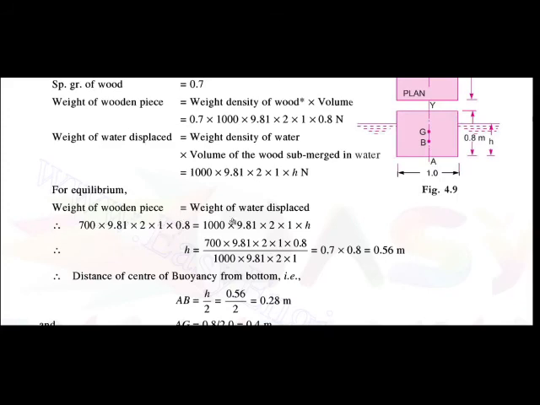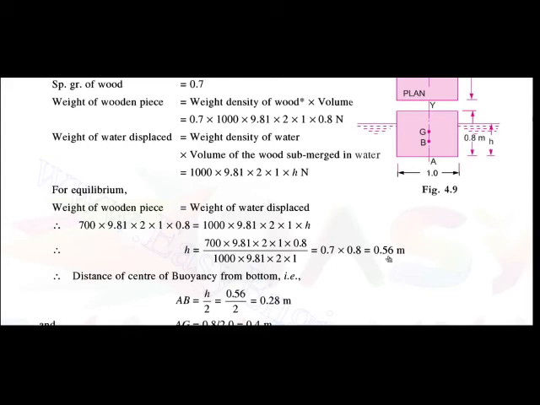Okay, so by equating these two, we will get the value of h as 0.7 into 0.8, that is 0.56 meter. By calculating this, we get the value of h as 0.56 meter.